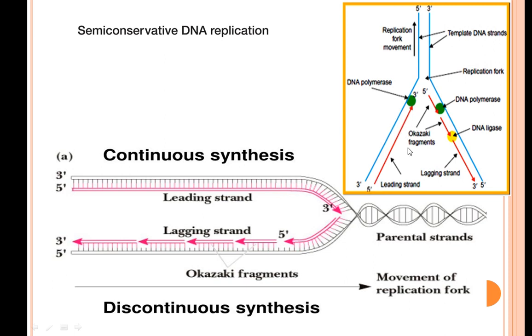One is the leading strand and the other is the lagging strand. In a double helix structure of DNA, one strand runs from 5' to 3' direction, while the other runs from 3' to 5' direction.